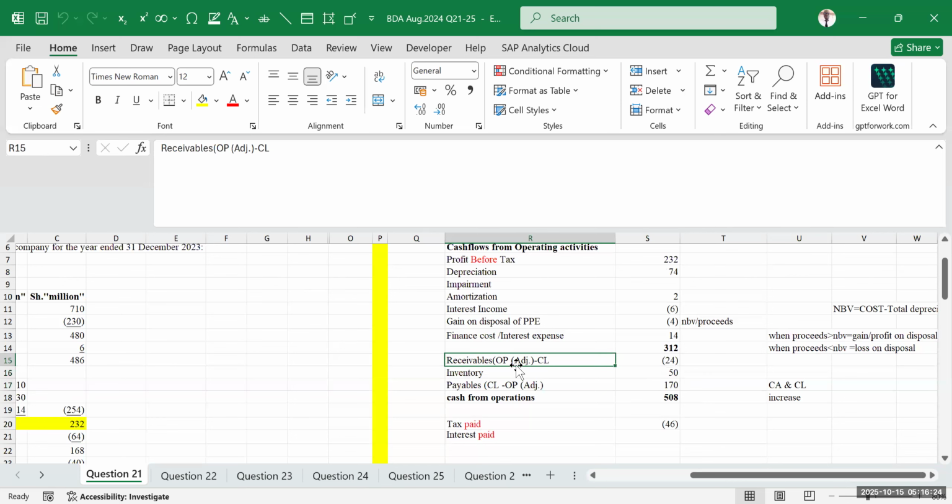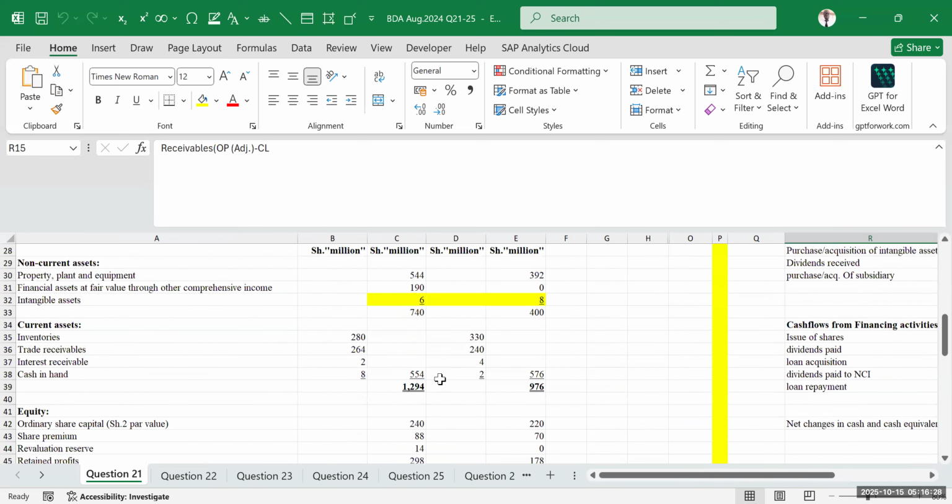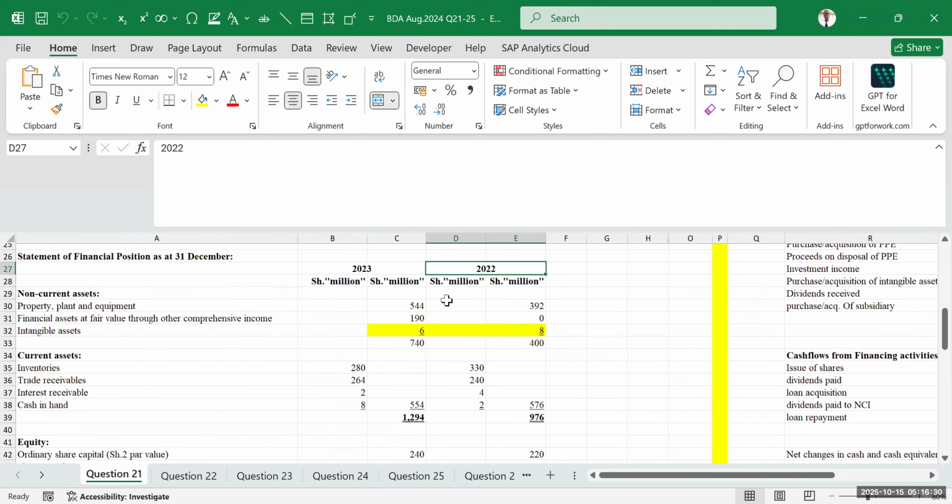Opening value is the value that you get from the previous period. In our case, the previous period is 2022 and the current period is 2023. Pick the opening from the previous period, do any adjustments to it, then compare with the figure that is closing the current year.